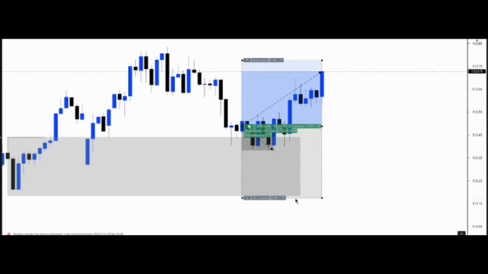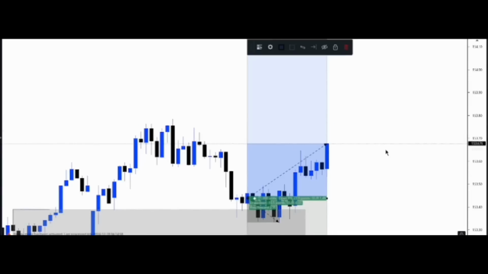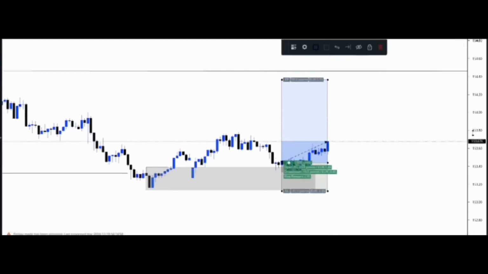We've given a buffer already, so that's where your stop loss is, and then we want to target roughly 1 to 3 there. We can continue to play price and see whether it will go our direction. We can simply target this high, but 1 to 3 first of all. So let's continue.